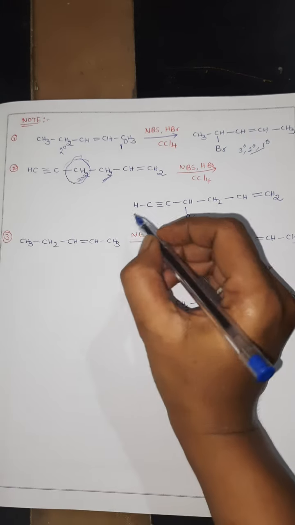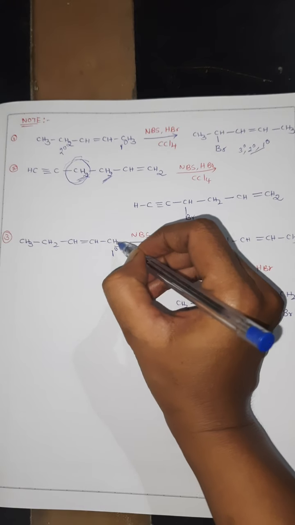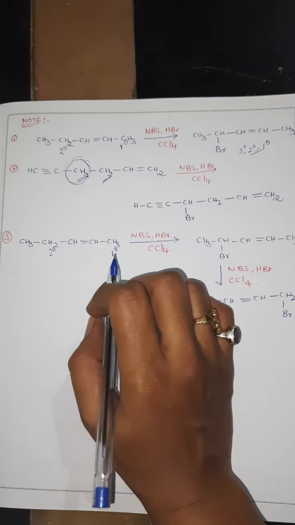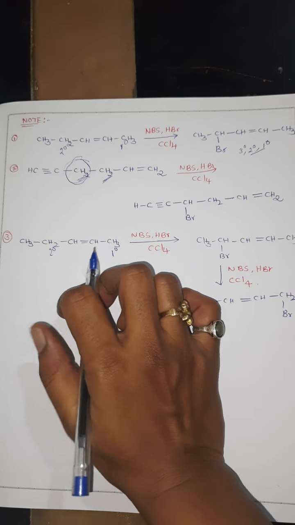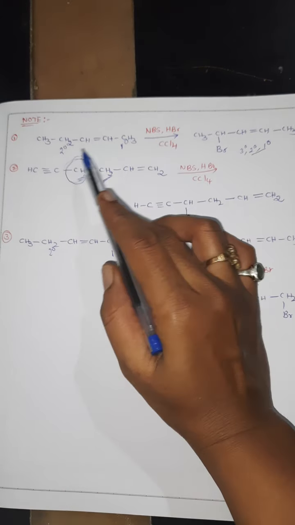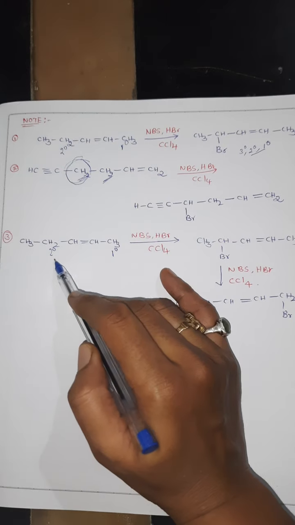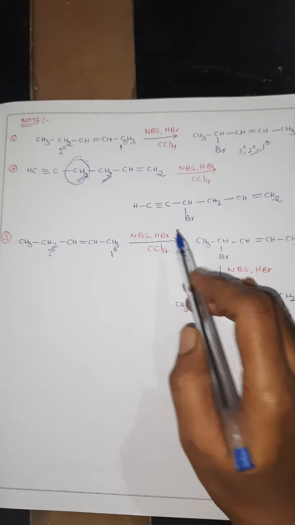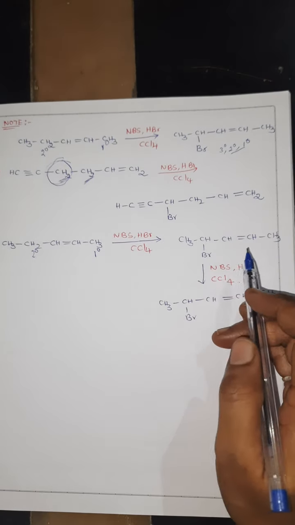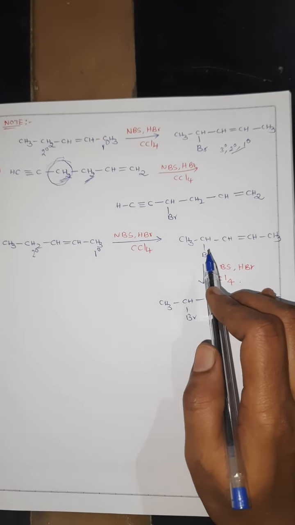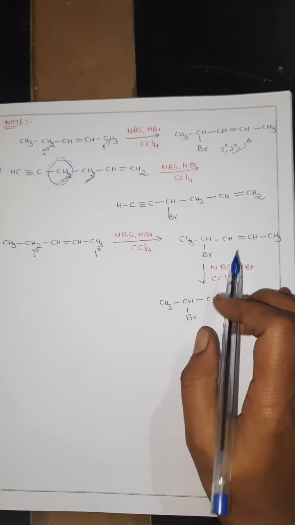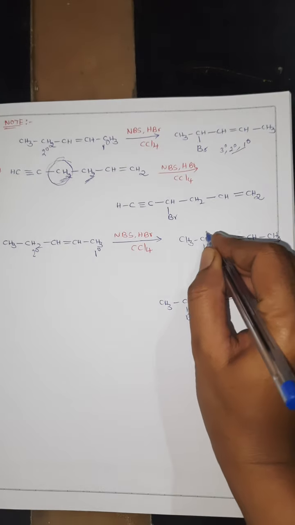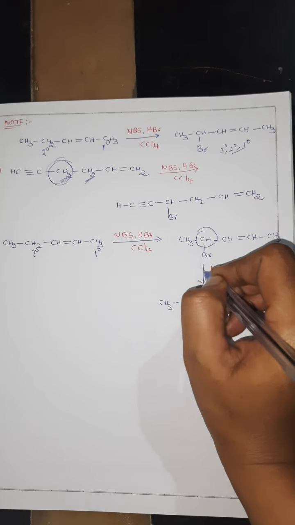Here one primary carbon and one secondary carbon are present at the allyl position. I already told you that the preferred position is the secondary carbon. Hence, on bromination with N-bromosuccinimide we get 2-bromo-3-butene. So substitution takes place at the secondary carbon atom.